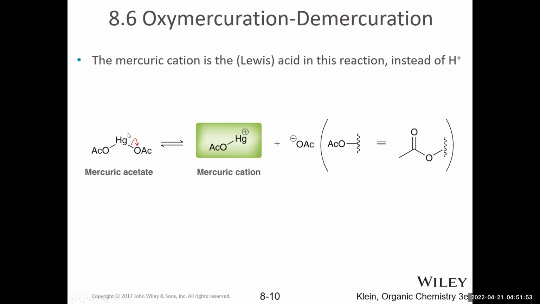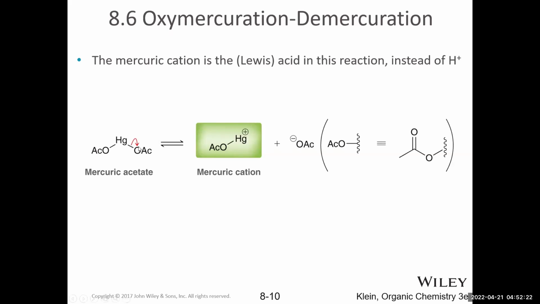So mercuric acetate has a mercury, which is a metal, and it has two acetates attached to it. And when we're dealing with metals, the groups attached to metals are often called ligands. So those ligands can associate with the metal or dissociate. So they do a nucleophilic attack followed by loss of a leaving group. And that's an equilibrium process.